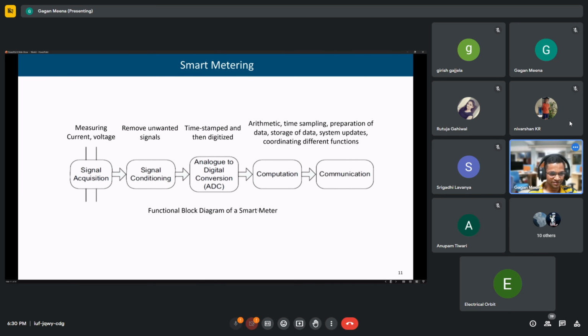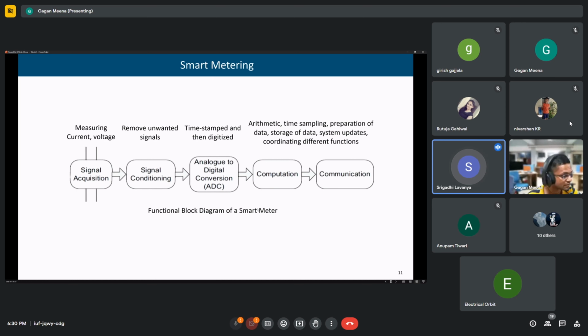Then these analog signals are converted into the digital domain, so ADCs are used for that. In the digital domain, the computation is done, any kind of arithmetic or system update.